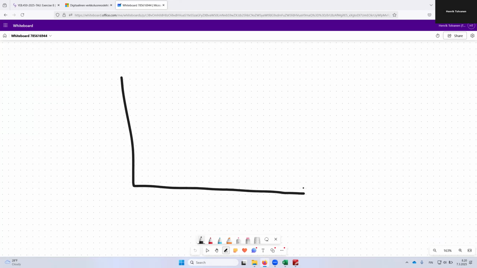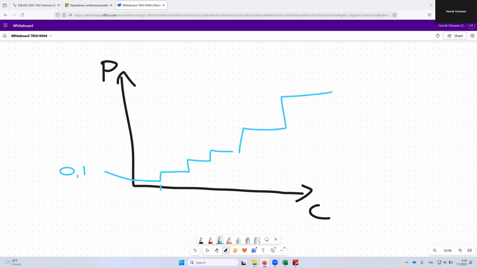So what we need is the cumulative capacity in here, and what we need in here is the price. And the merit order curve means that you have a certain capacity of an asset with a production price of, for example, this was 0.1, so that was the lowest, and the next one was 1 or 10, and so forth. So this is going to rise up.